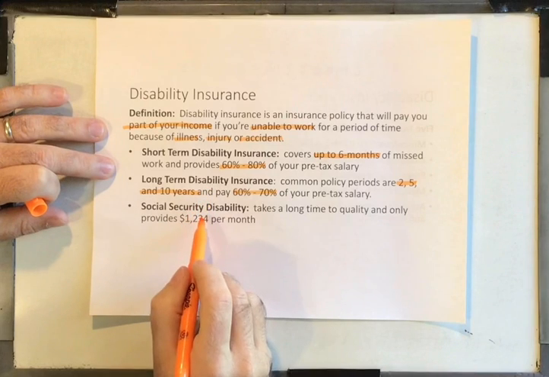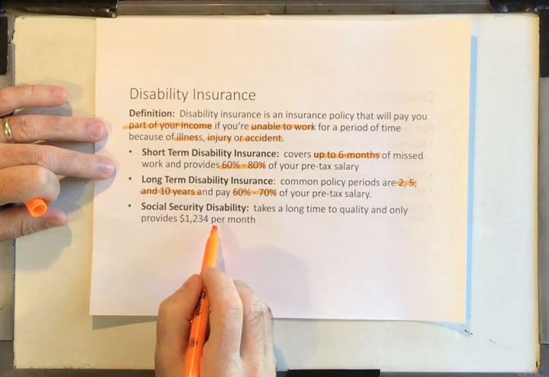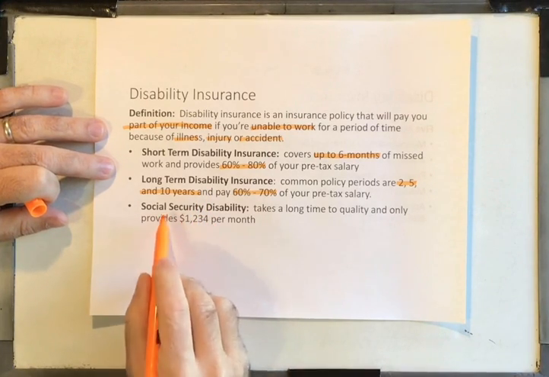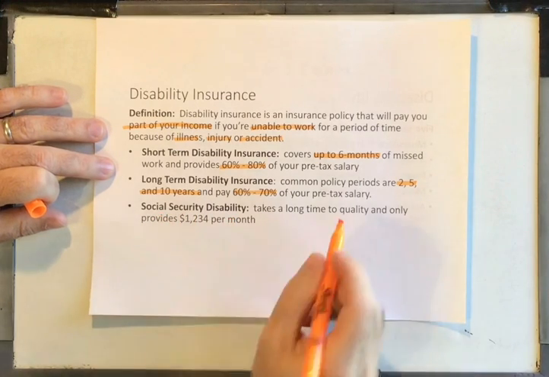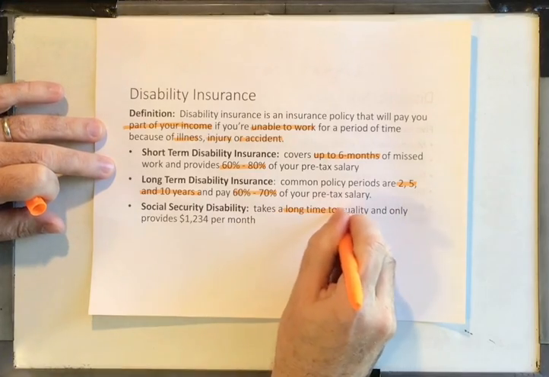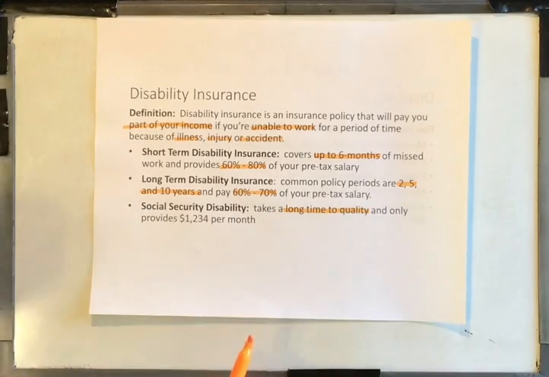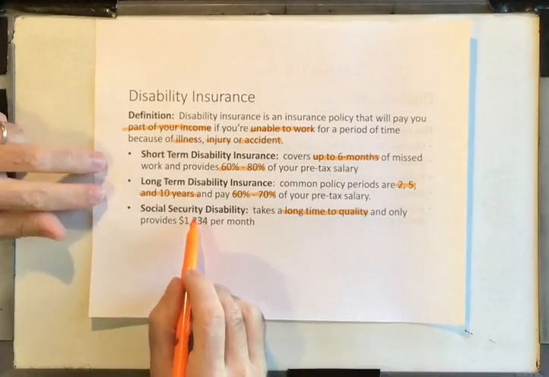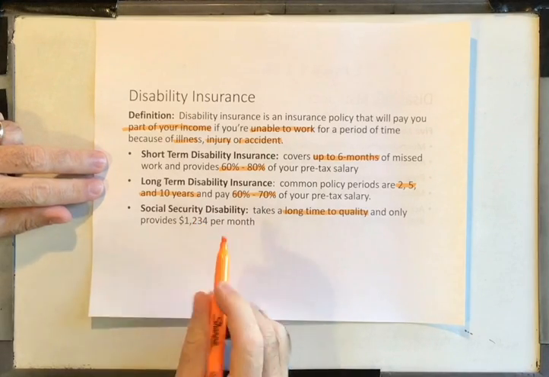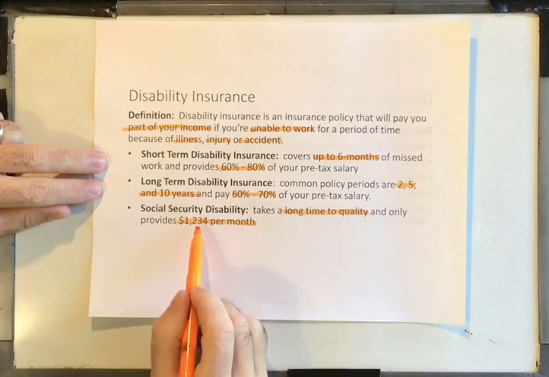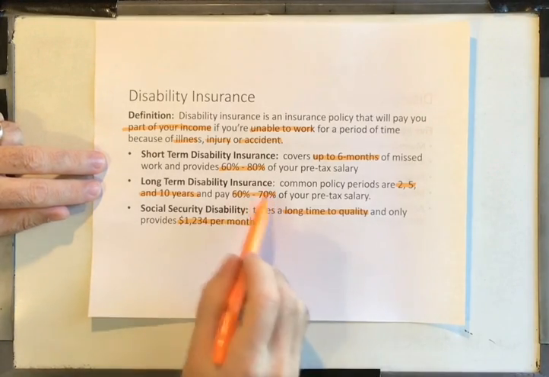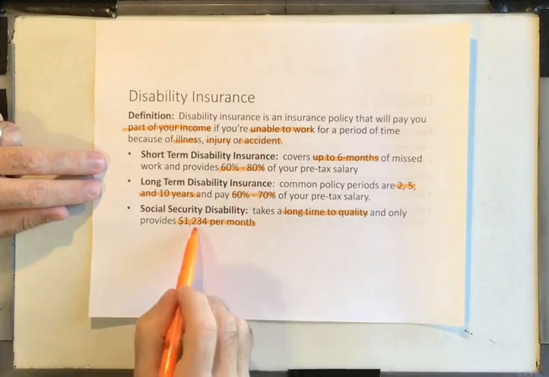Now, people on long-term disability, they get injured, they get sick. You can apply for Social Security disability, but it takes a long time to qualify. I've known people who it took them years to get into the Social Security disability system, and it only pays $1,234 a month. Now, you don't have to memorize these numbers. 60 to 80%, $1,234 a month.